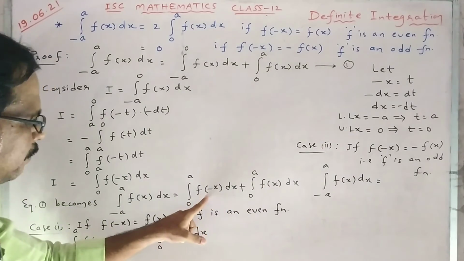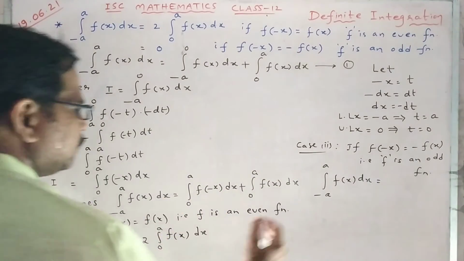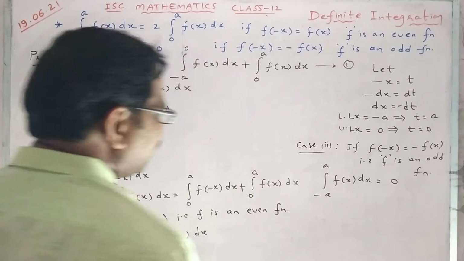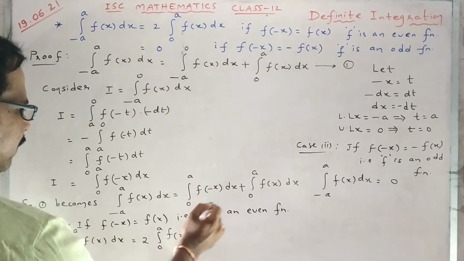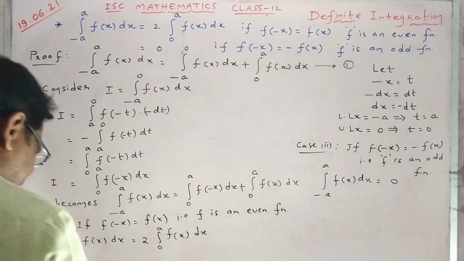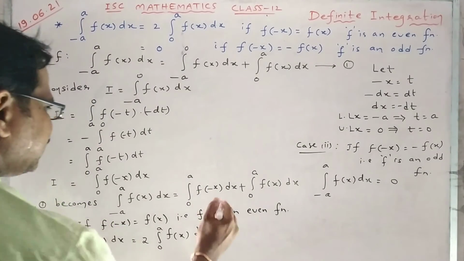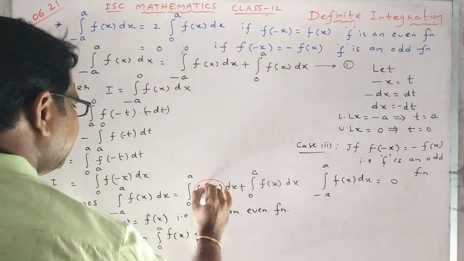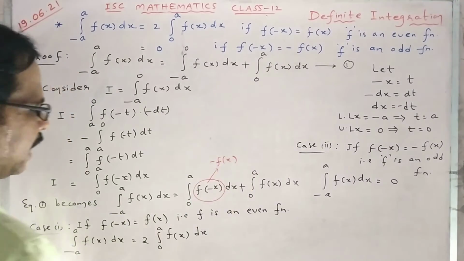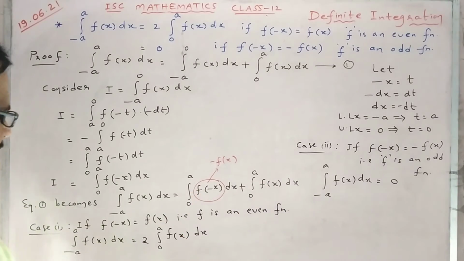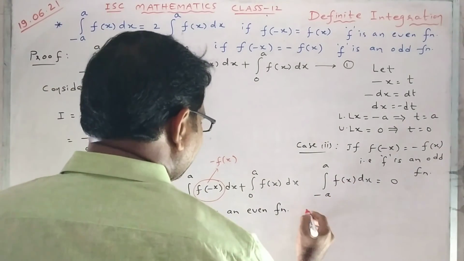These two will be the same with opposite sign. Both will be cancelled. Then what will you get? 0. I repeat, if here in the place of this you write minus f of x, then these two will be cancelled, so we will get 0.